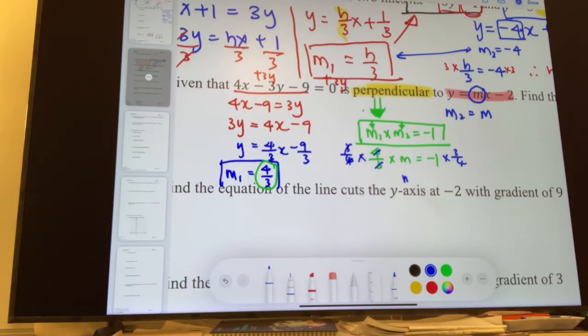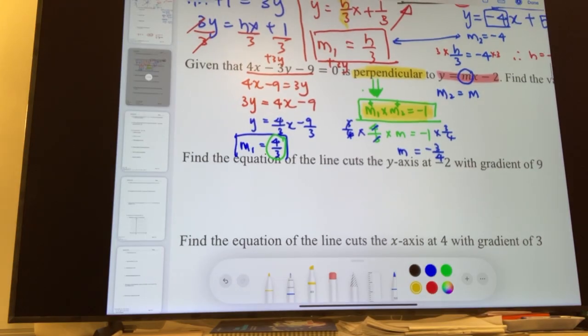So my M is equal to -3/4. And that is done. So parallel means the gradients are the same. Perpendicular means the gradient is going to become -1 when you multiply. Make sure you highlight this one and let yourself know.